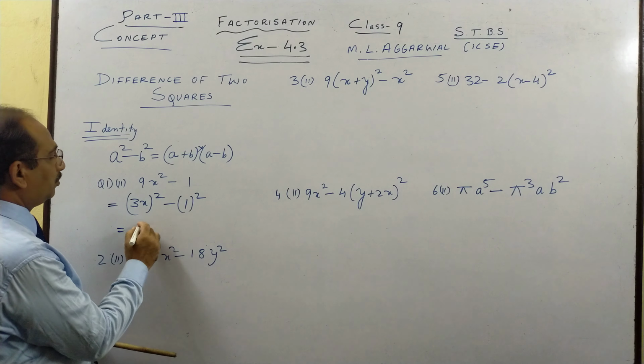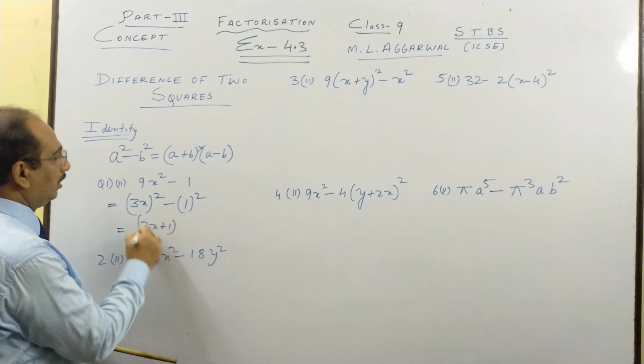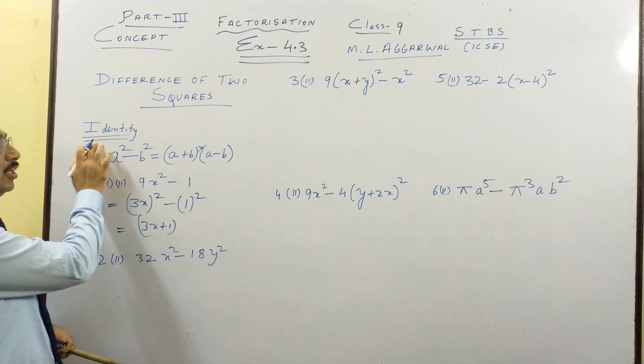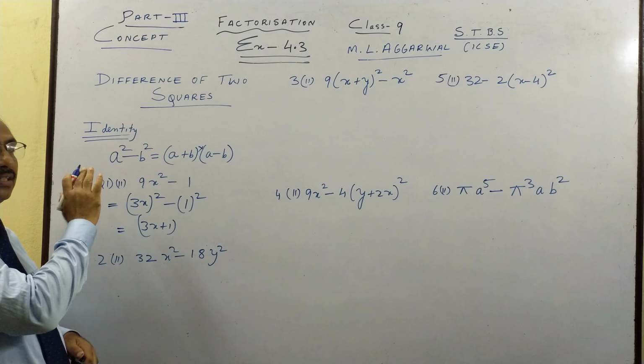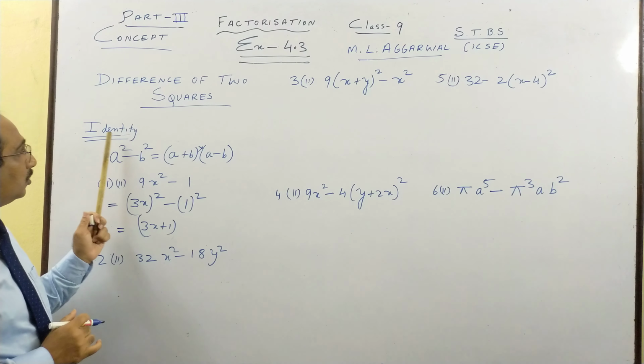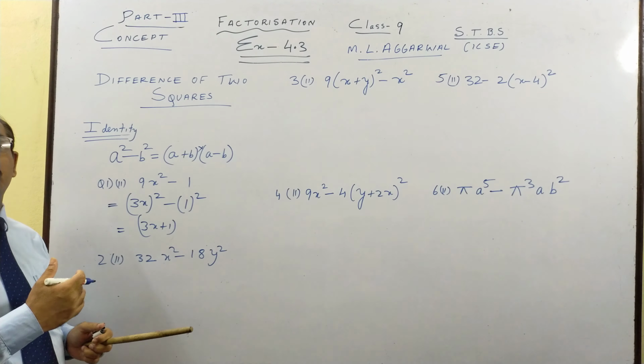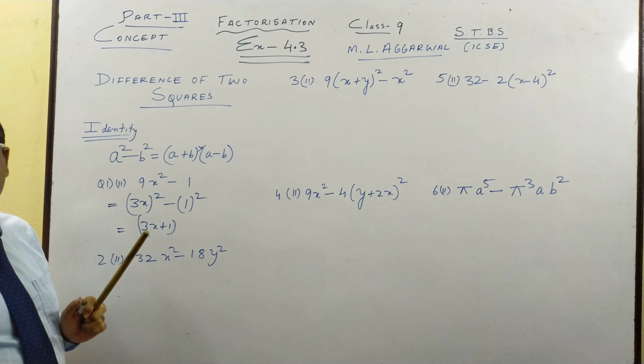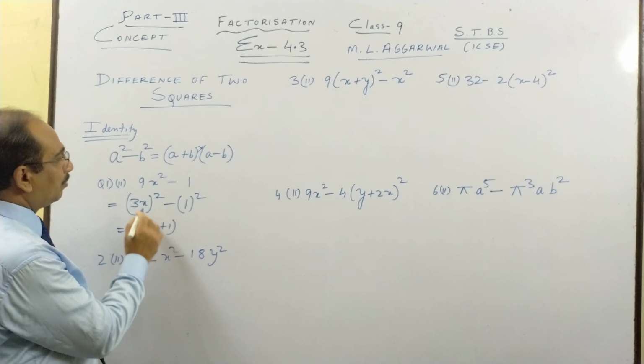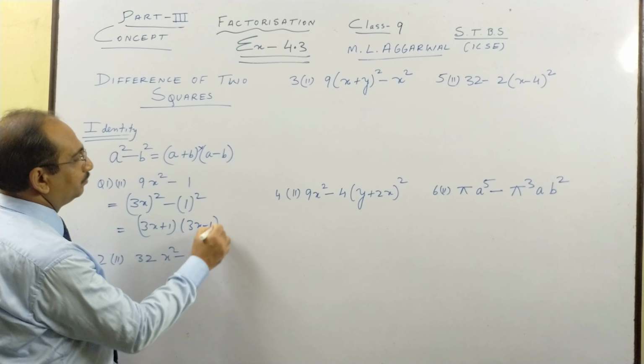So a square minus b square. So we get a plus b using this identity. Remember, identity is anything which is true for all values. So this is an algebraic identity. Expansion chapter I have used many such identities. So a plus b, a minus b.